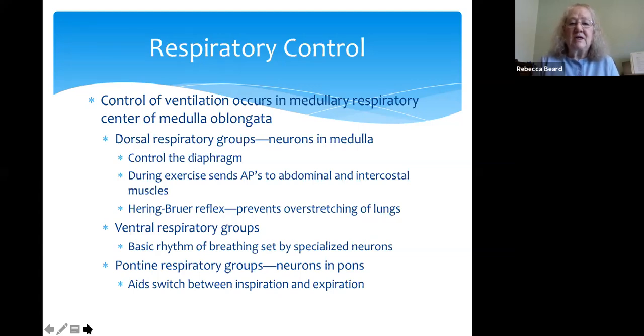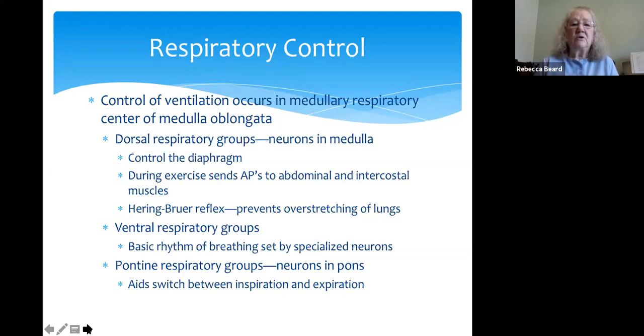So the thing that controls our ventilation is some of these little neurons that are in the medullary respiratory center of the medulla. There's a couple of groups there. There's the dorsal respiratory group, that's groups of neurons in the medulla.